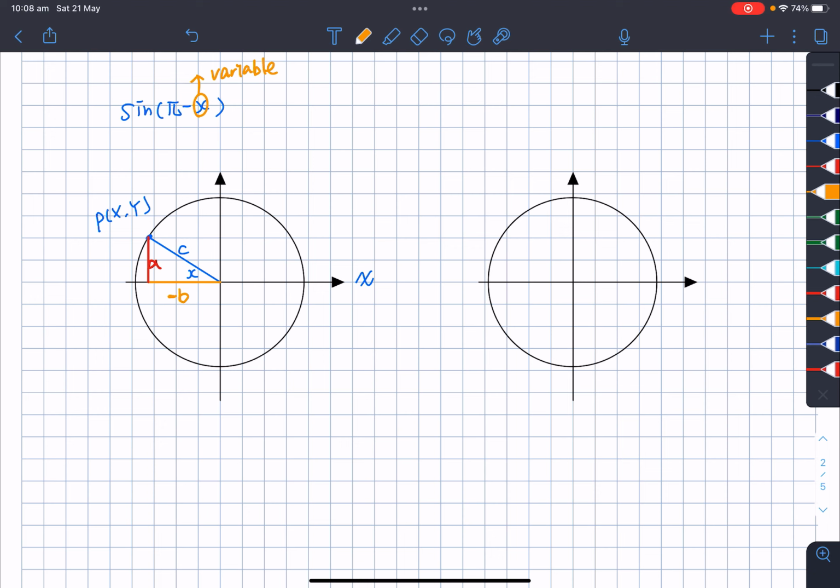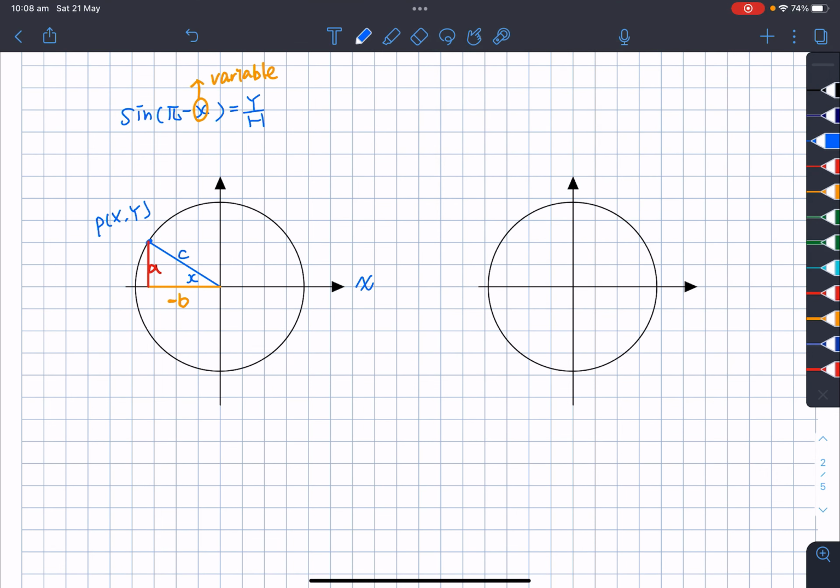Therefore, we know sin of pi minus x equals what? Y coordinate, y over h, right? So y is A, so it should be A over C, right? Okay, now you draw a totally identical triangle in the first quadrant.